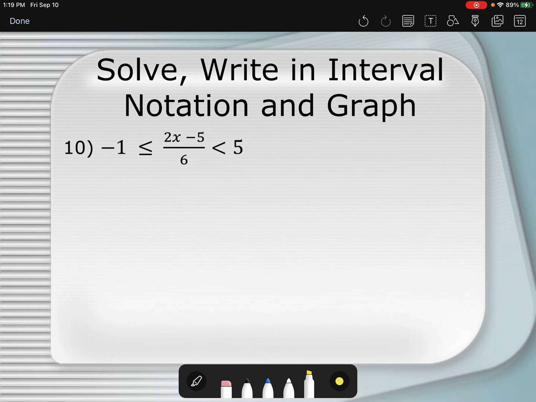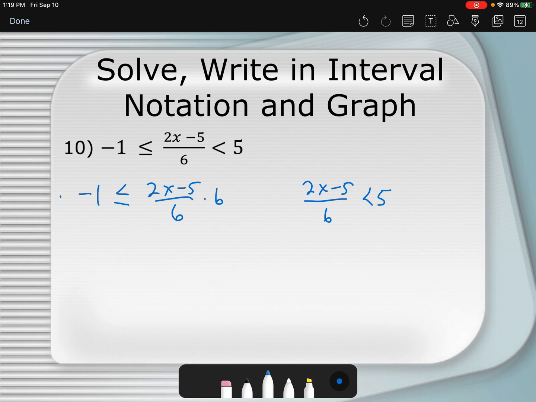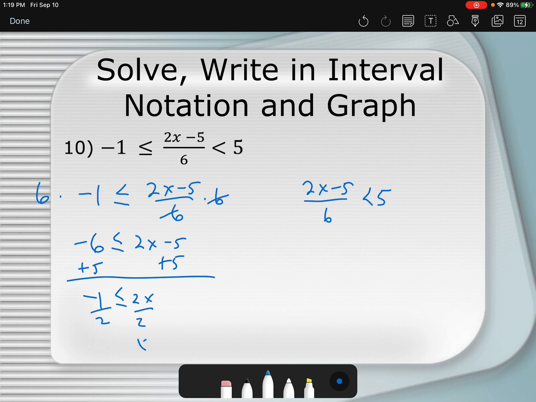Now we're going to do the same thing on this one that we did 2 slides before. We're going to go ahead and split this up into two inequalities. And yes, we want to multiply by the denominator. And we're going to add 5 and divide by 2.